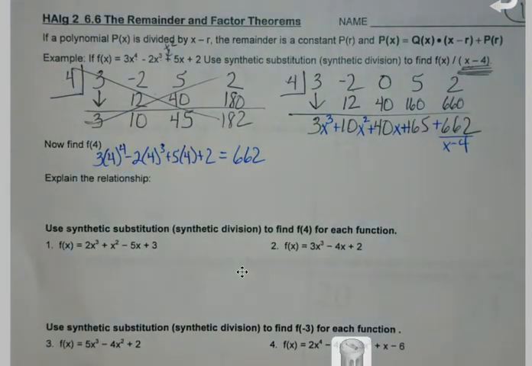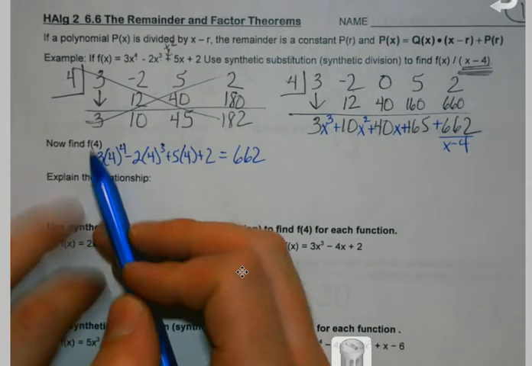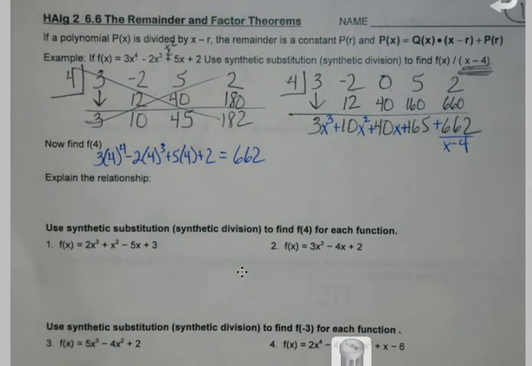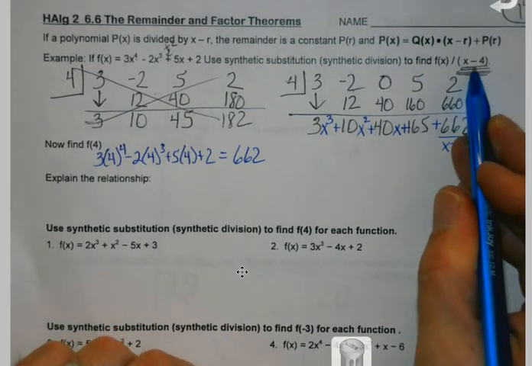See, this is where we would have been able to see where our error was before. Because what happens is the relationship, the value of f of x, f of h, f of whatever you want to call it, is the same as the remainder of when we're dividing by the binomial.